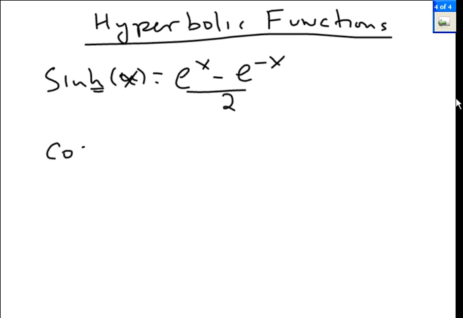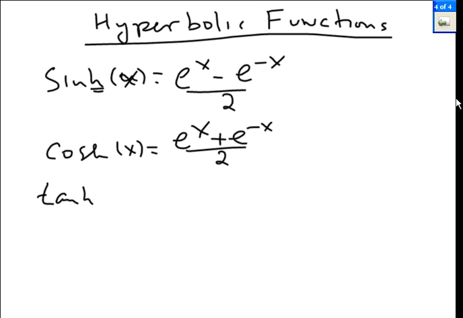And we define the hyperbolic cosine of x, also known as cosh of x, as e to the x plus e to the negative x over 2. And we define the hyperbolic tangent of x, just like in ordinary tangent of x, it's sine over cosine.